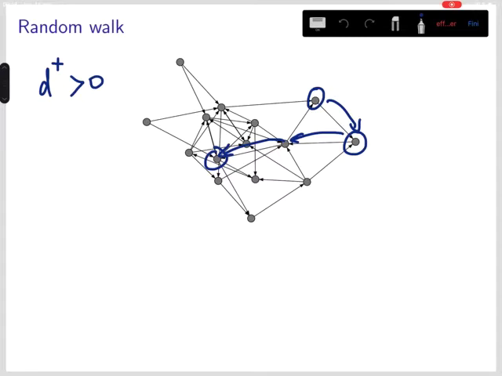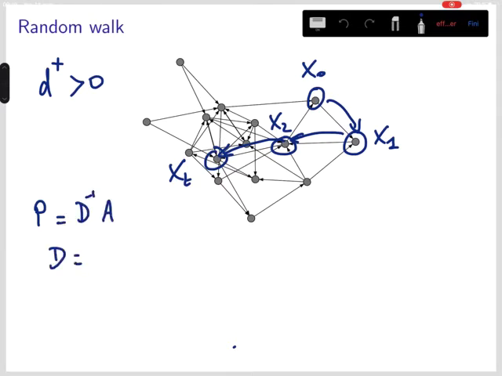So this defines what is known as a Markov chain. We'll denote by x0 the original node, then x1, x2, and so on, and xt would be the state of the Markov chain at time t. Its dynamics are governed by what is known as the transition matrix P, which is just D minus 1 times A, where D is the diagonal matrix of out degrees.